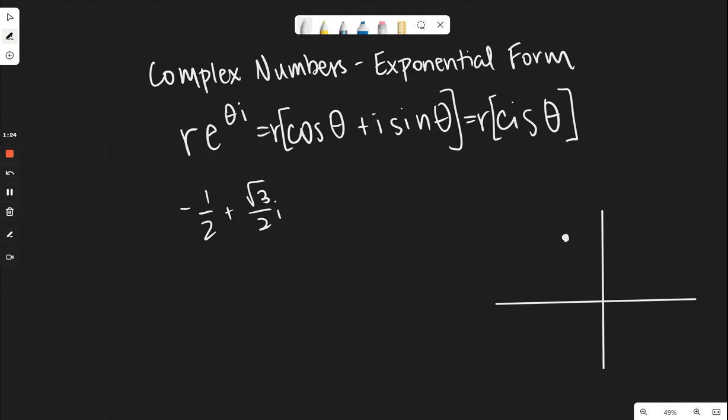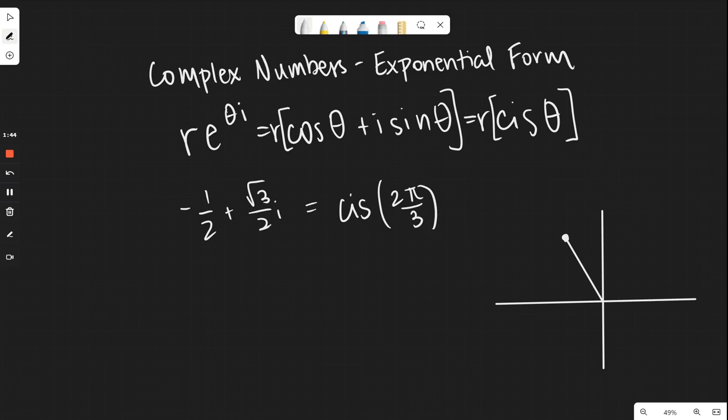So it's going to be somewhere over here, and our angle, we know, is going to be 2 pi over 3. So we can say that this is equal to 1, because the radius of this is 1. It's right on the unit circle. And then this is equal to just cis 2 pi over 3.